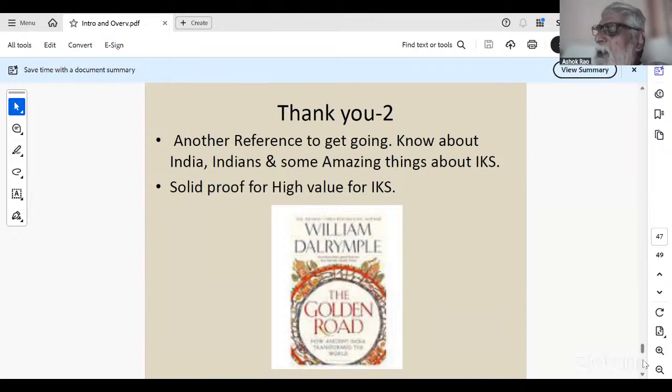By 18th century, it had already declined. By 20th century beginning, it had been finished off. We were at our peak, contributing 37% of the world GDP. An average GDP of 27% for over 1,000 years, making us the richest country in the world.